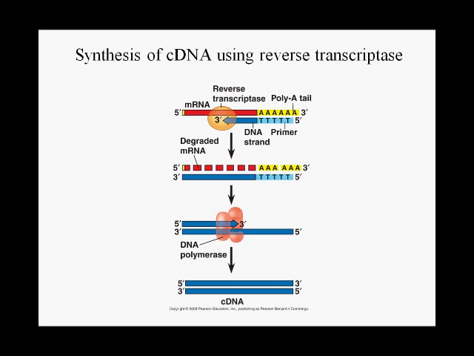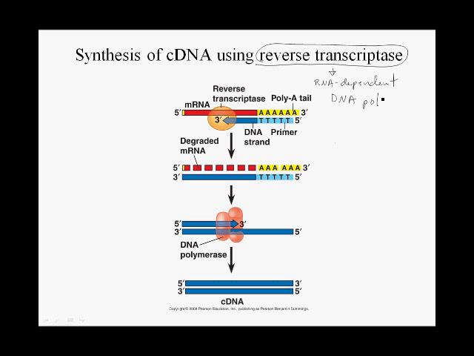Here is the technique of making cDNA, complementary DNA, from messenger RNA templates. The key enzyme here is reverse transcriptase. Reverse transcriptase is also known as an RNA-dependent DNA polymerase.